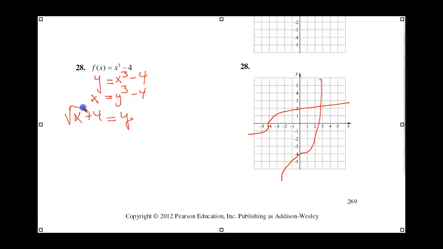Take the cube root of this, and this is the inverse function. And if you remember, this is the typical graph of a cube, and let's plot it in. Hey, I did pretty good on that because I just sketched these in. There's your axis of symmetry.